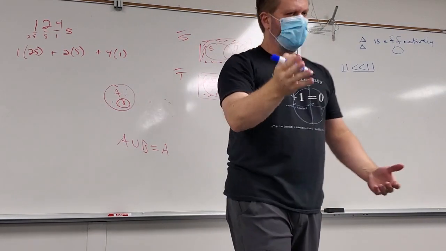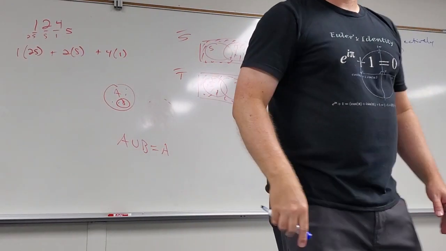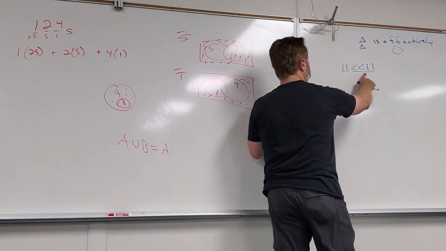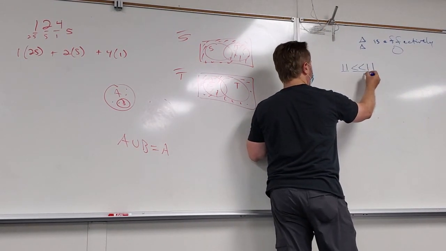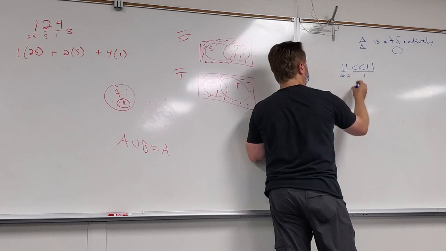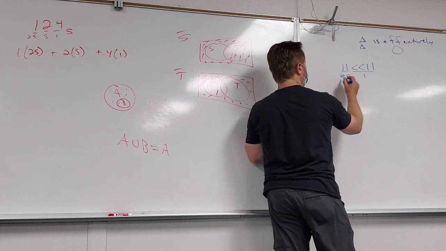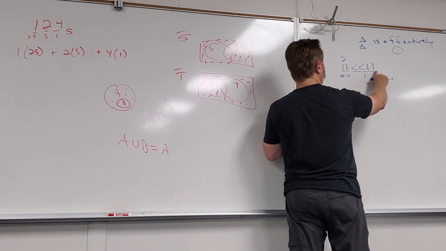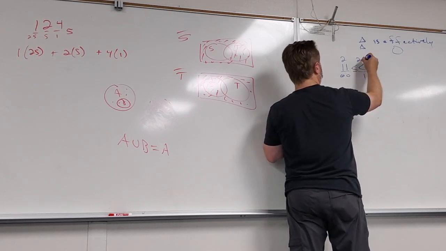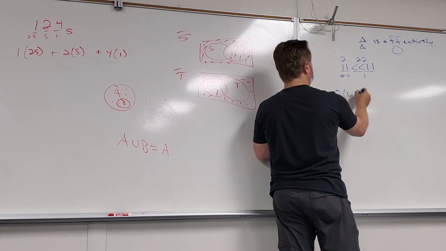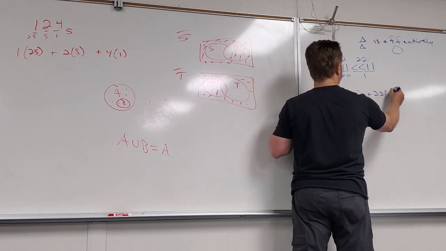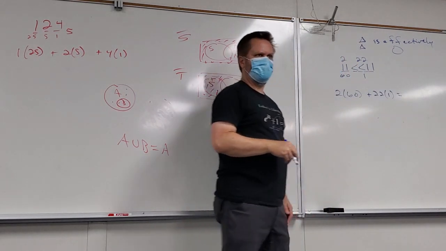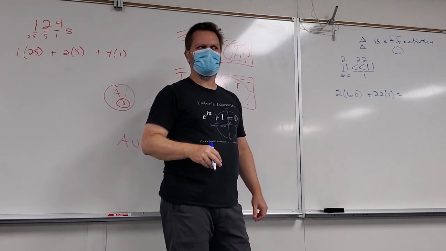It's a little evil. So what place is this? The 1s place? 60s. So how many 60s do I have? 2. And how many 1s do I have? 22. So 2 60s plus 22 1s. 142.